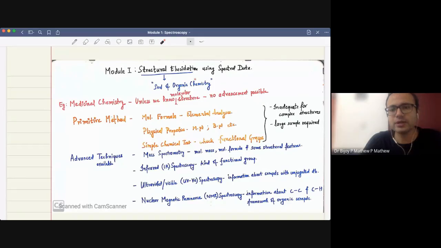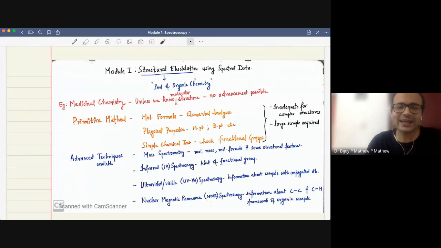So when you do any kind of preparation, not just organic compounds, even inorganic complexes, you might be preparing some tetraamine complexes in your classes. Be it any kind of molecule or compound that you make in the lab, usually when you synthesize, it would be a solid, or a liquid, or a crystal.